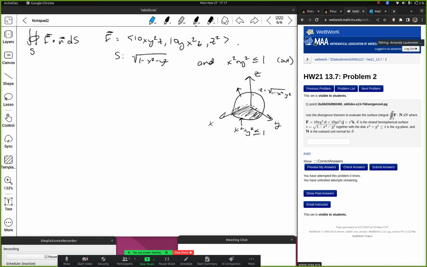So we can go ahead and apply the divergence theorem, which says that this double surface integral over a closed surface is the same as evaluating a triple integral of a scalar quantity, the divergence, over the volume inside the surface. First up, we're going to need to know the divergence, and then we're going to have to set up a triple integral and evaluate it.